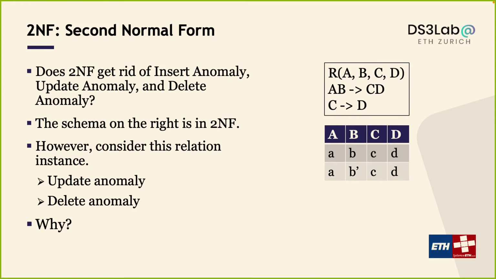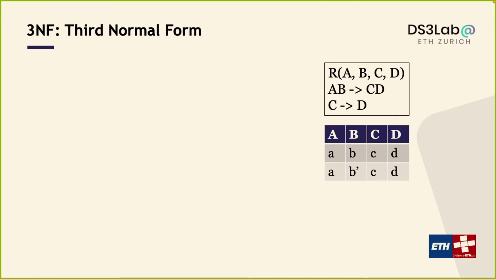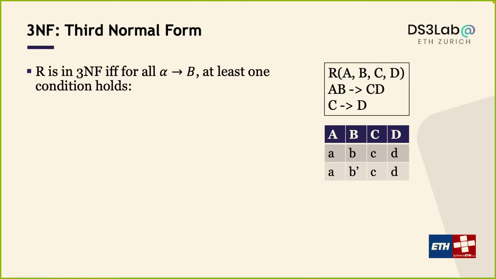And that gave us another normal form called third normal form. We say a design R is in third normal form if and only if the following holds: for each of the functional dependencies alpha to beta, at least one of the following holds.